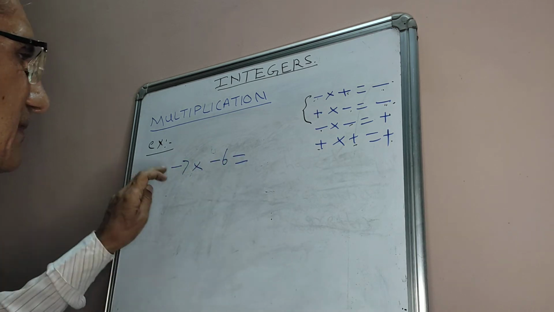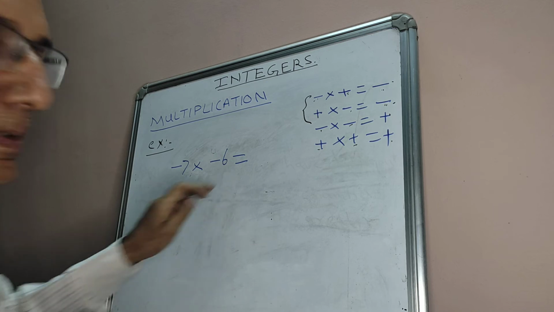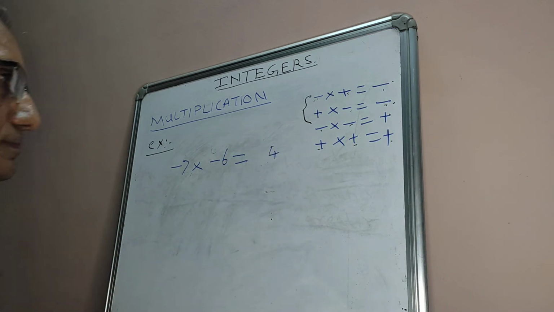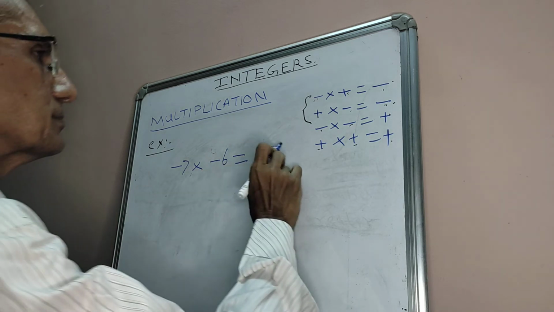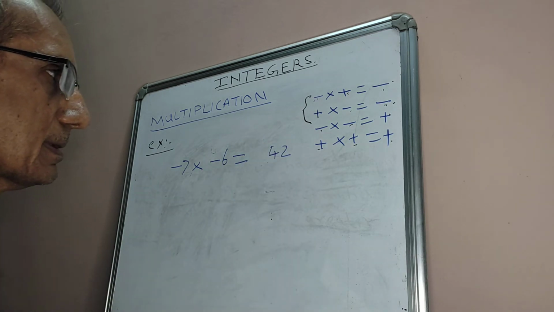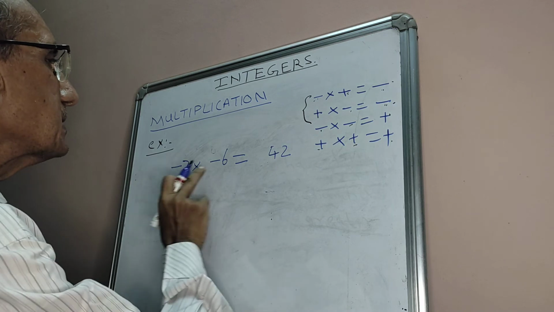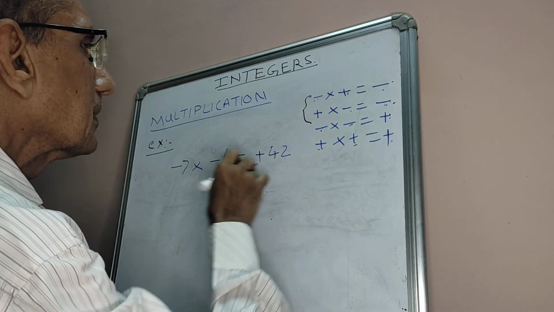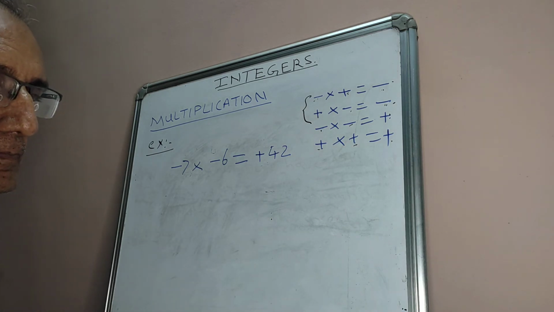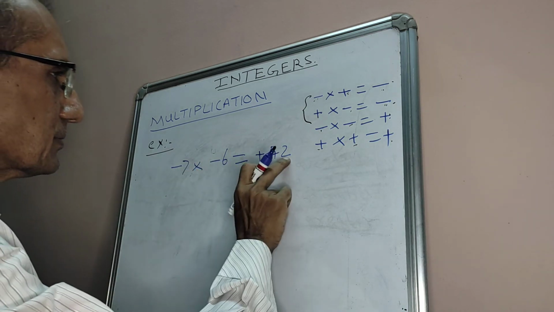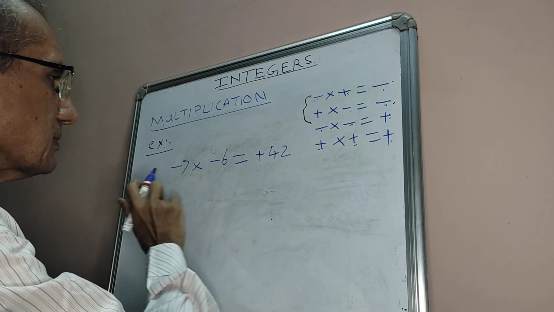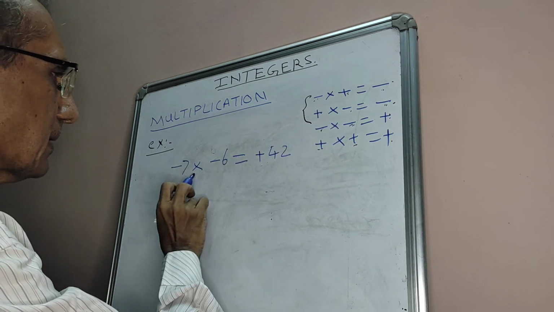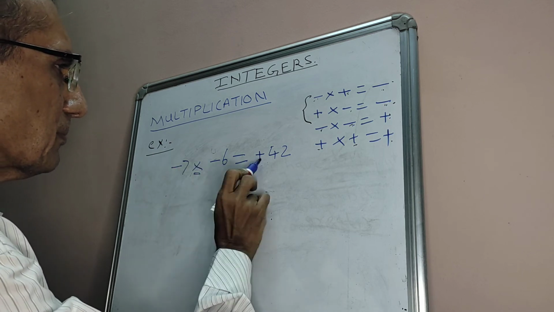What is it? 7 sixes are 48. Sorry, 42. The sign: minus into minus is what? We get a plus sign. So 7 sixes are 42, write it there. When it comes to the sign, minus into minus follows this rule: when two numbers have the same sign, after multiplication you have to put a positive sign.